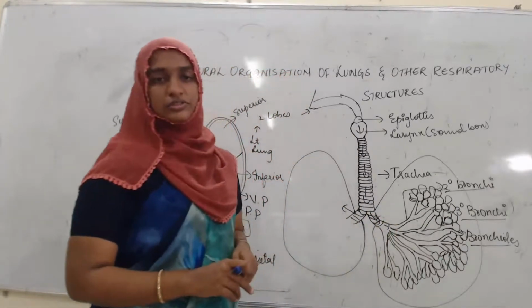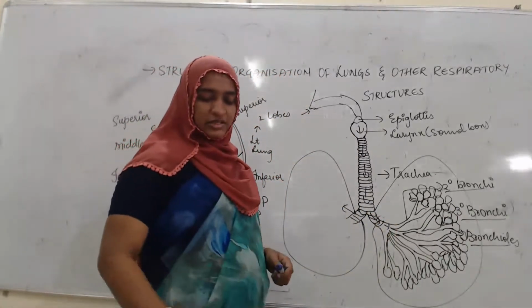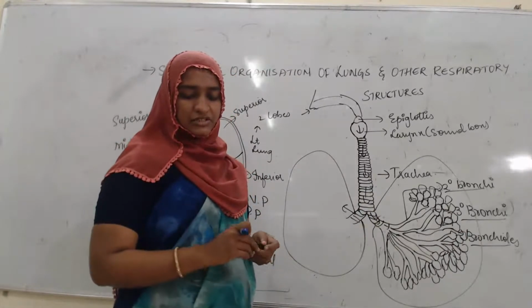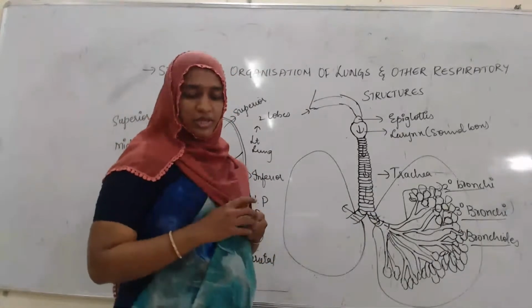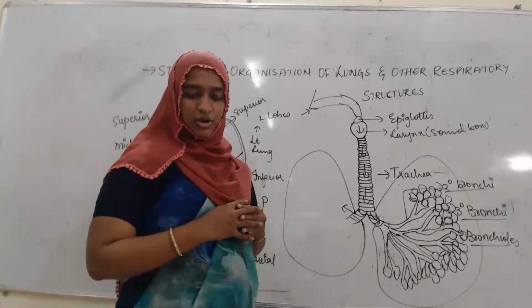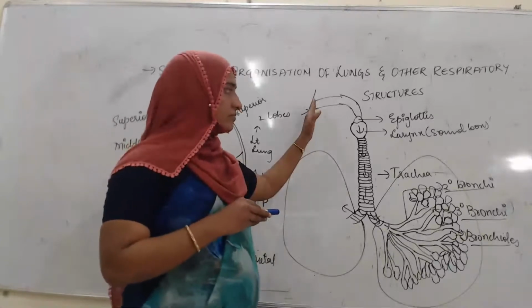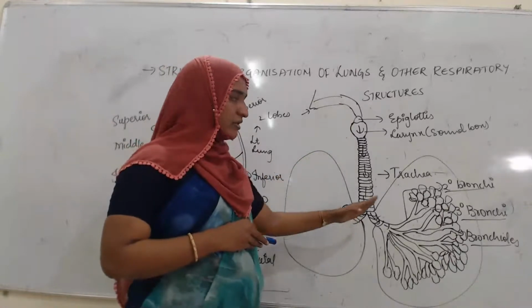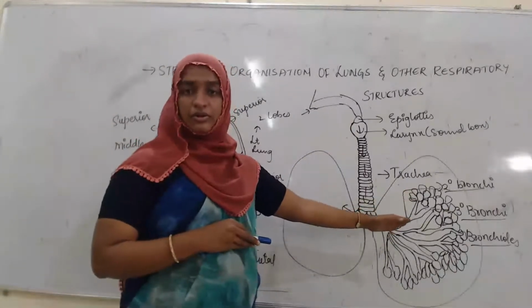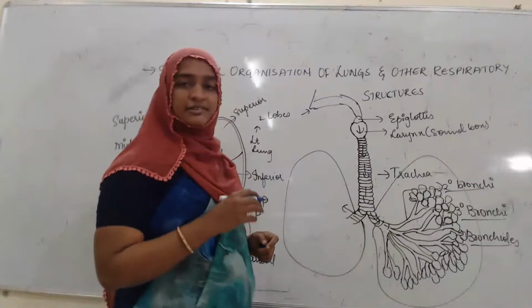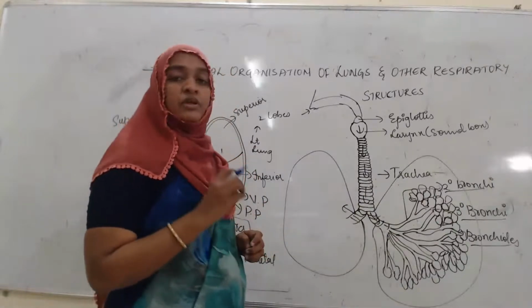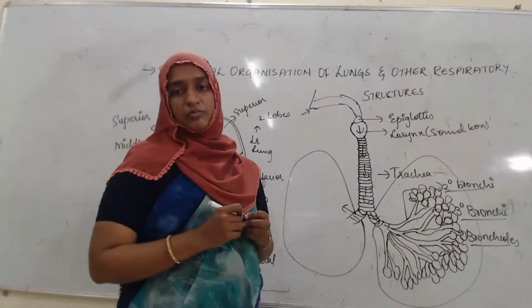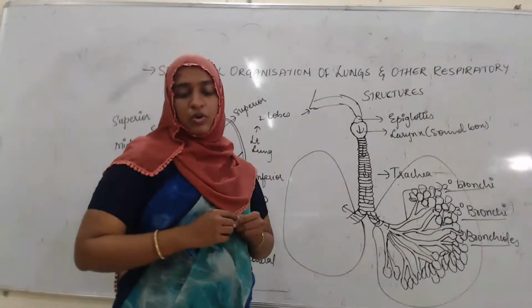Okay, the next thing: the trachea branches into the two main bronchi, the left and the right, as I told. The nasal chamber, larynx, trachea, bronchi, and bronchioles, these structures we can call the conducting part of the respiratory system. What can we call it?